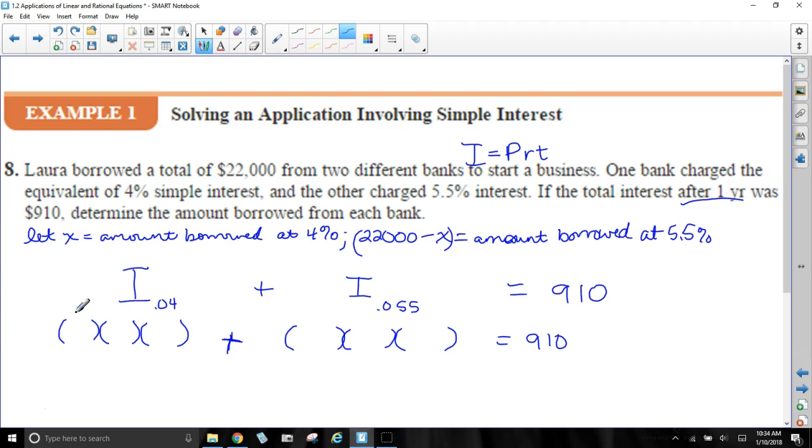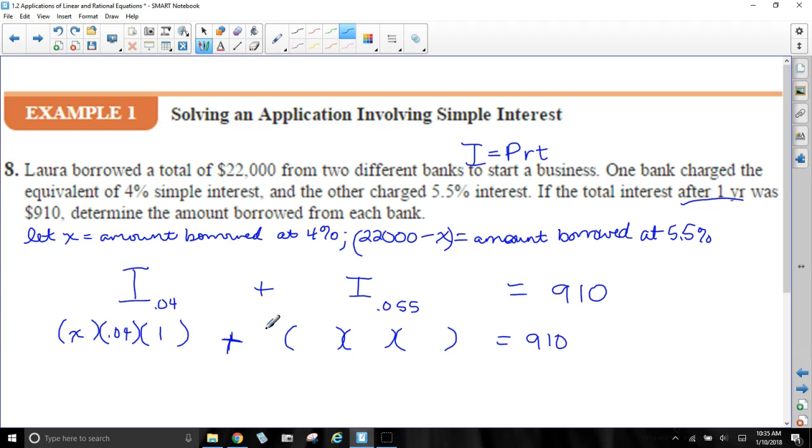Okay? Now, the interest earned at 4%, we said that's the X amount, so we're going to put an X in here. The interest rate of the 4%, that's the 0.04 times the time in years. Recall from before, that is the 1 year. That's where I get the 1.